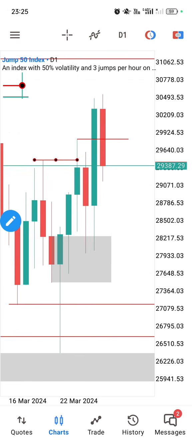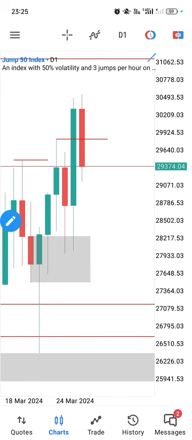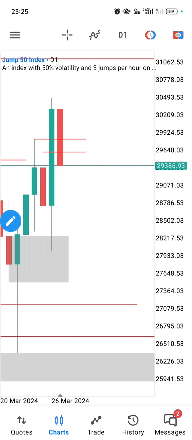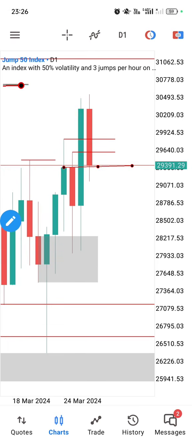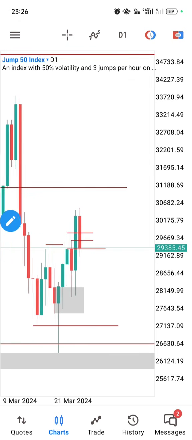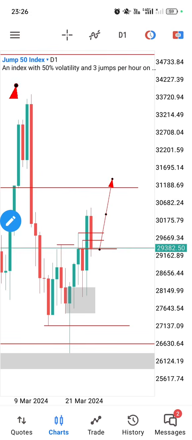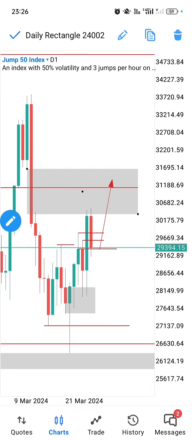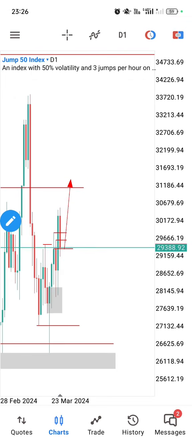And this is the current days that we're dealing with, the last 3 days, and you can see it made an immediate rebalance, while it hit the body of the daily order block. Now it's shooting up to the imbalance. It has to fill the imbalance, and then we'll see what it does from there.